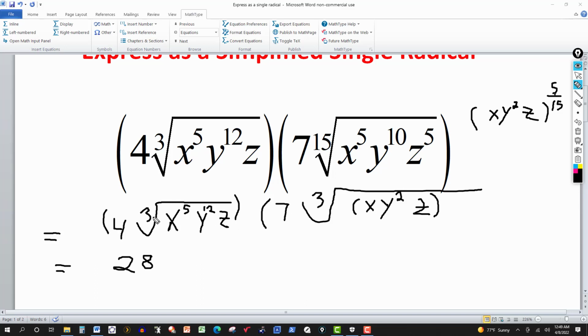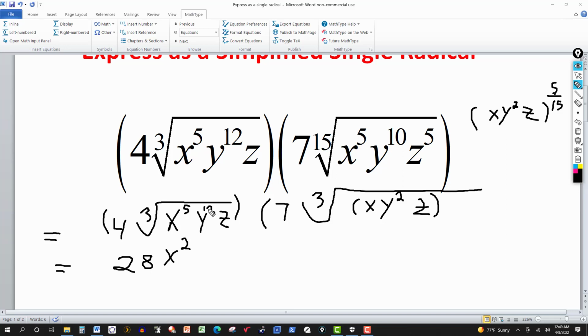So let's do it this way. X to the 5th times x to the 1st would give me x to the 6th, because we have the same index, so I can just multiply the radicands. But x to the 6th is a perfect cube because 3 divides into 6. So instead of x to the 6th under the radical, it comes outside, and you get an x squared out of that.